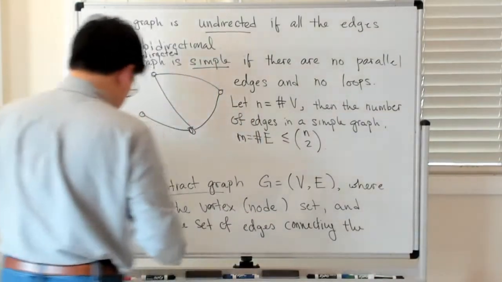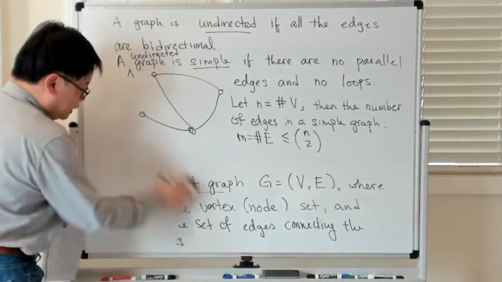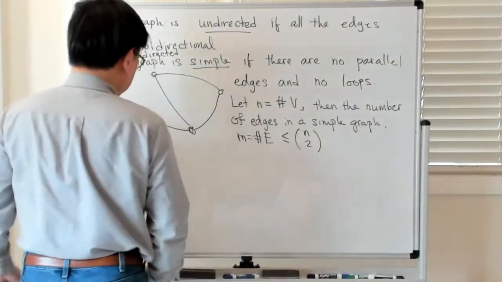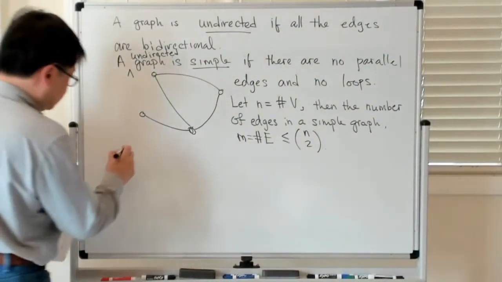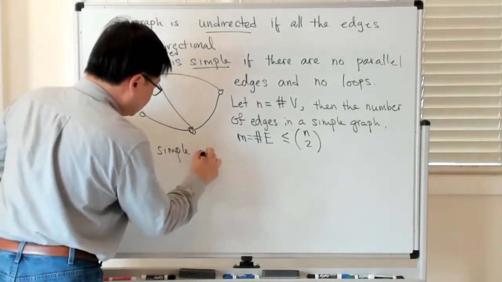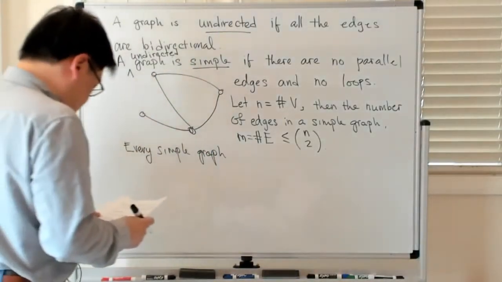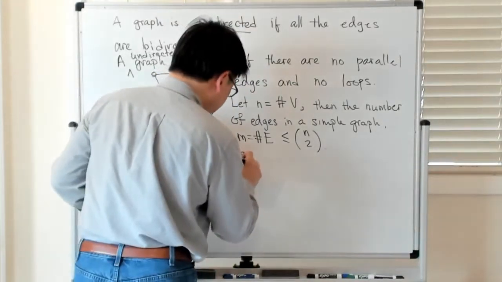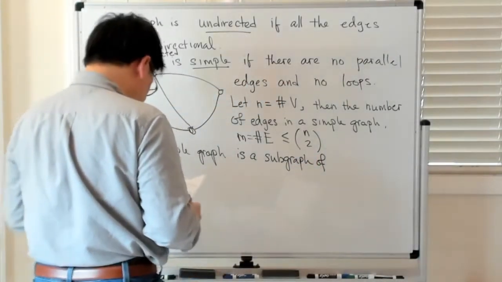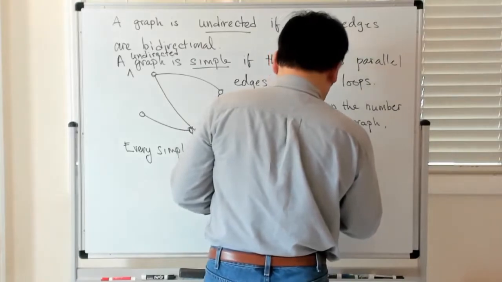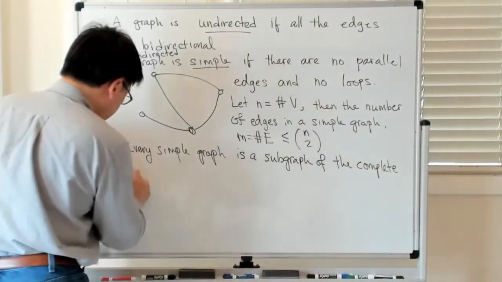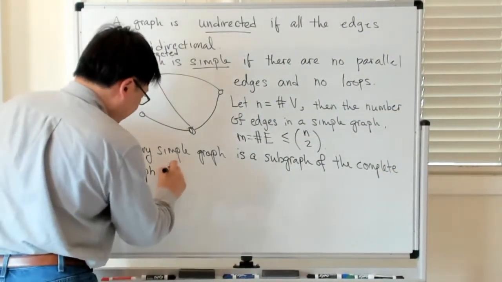One other observation is that every simple graph is a subgraph of what is called the complete graph, which is denoted oftentimes by K sub n.